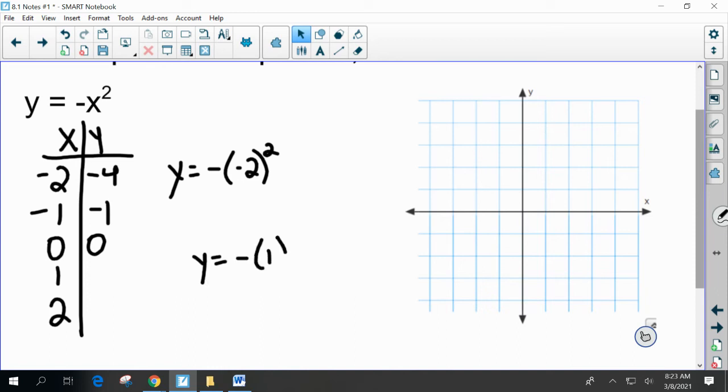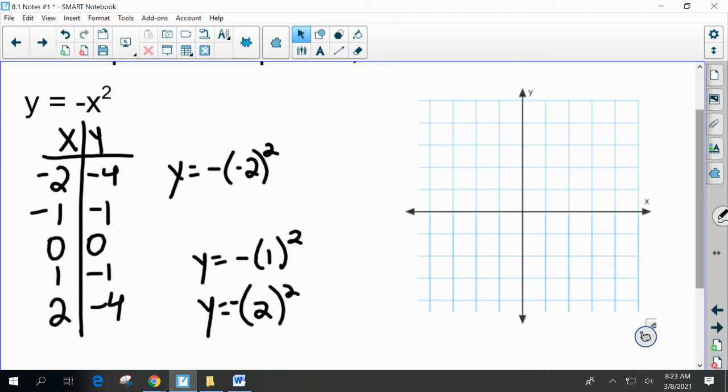So negative parentheses, +1 squared. I see several people right now that haven't even touched their calculator. -1. And negative parentheses, +2 squared is -4.